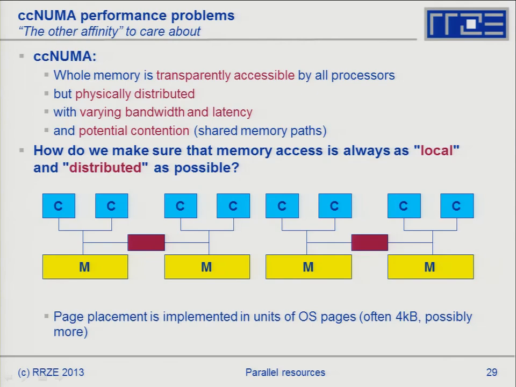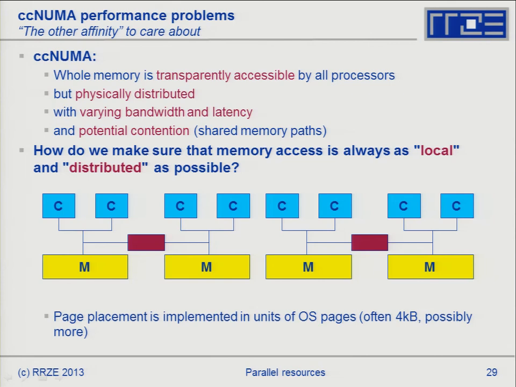So again, what is ccNUMA? ccNUMA means that the whole memory is transparently accessible by all processes, so it's still a shared memory system. Every core in the system can access all the memory, but the memory is physically distributed. Some memory is attached to one processor, while other memory is attached to another processor, but it's still transparent from the user perspective.